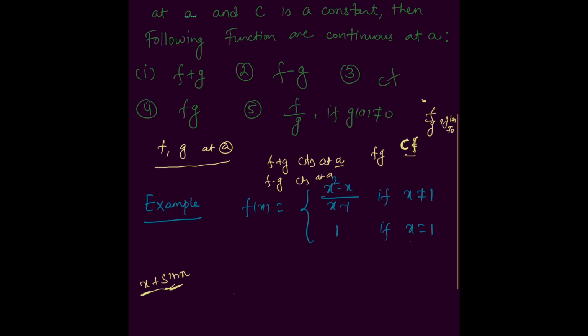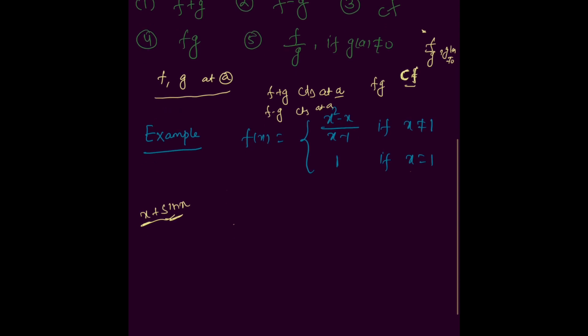For the next example, I want to check whether this function is continuous at the point x equal to 1 or not. First of all, our condition was that the function should be defined at the point x equal to c. Here the value of c is 1. So f of 1, the value of the function at 1, is 1. Now the second point is that the limit as x tends to 1 of f of x exists.